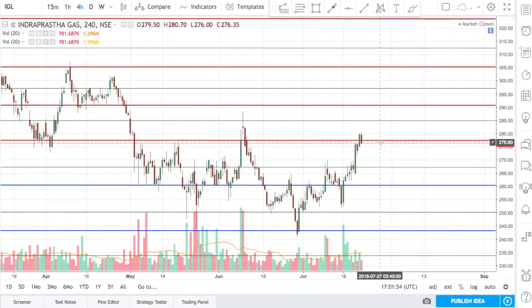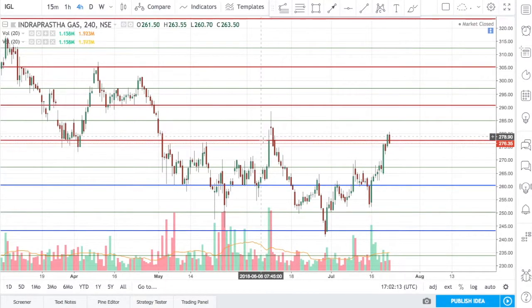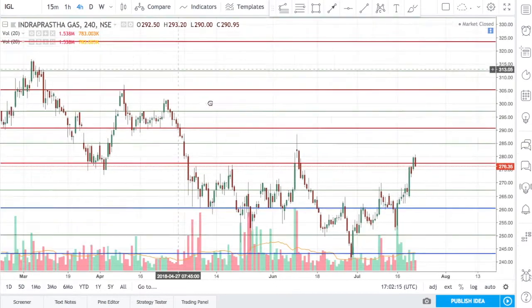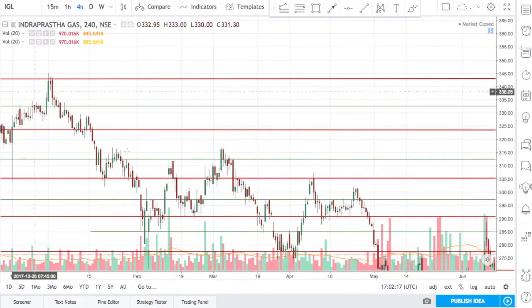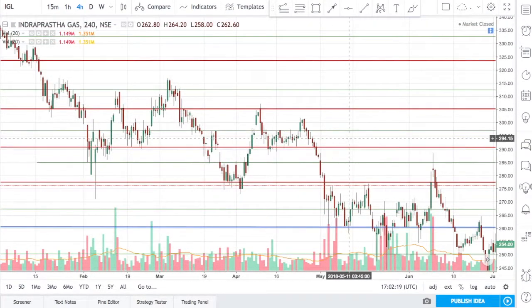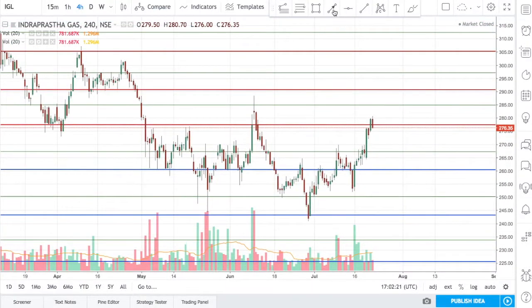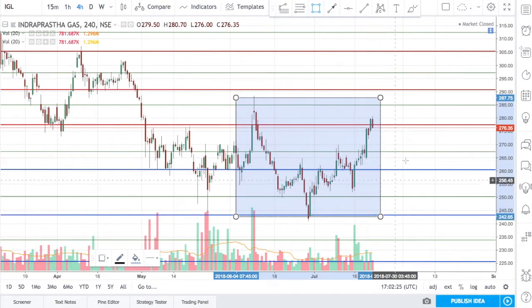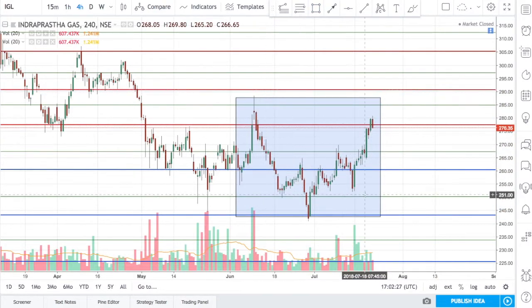It's now in some sort of a consolidation without any clear direction. After this candle violated this downtrend, it's in some sort of a consolidation at this point.